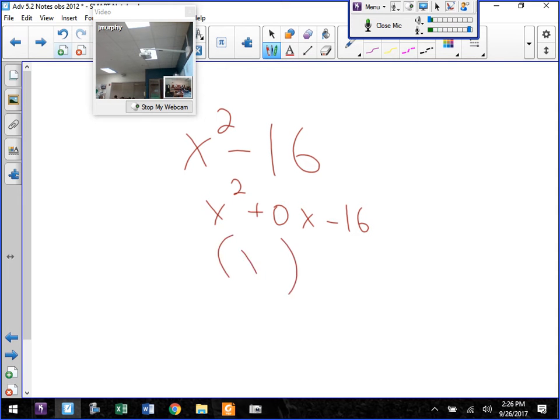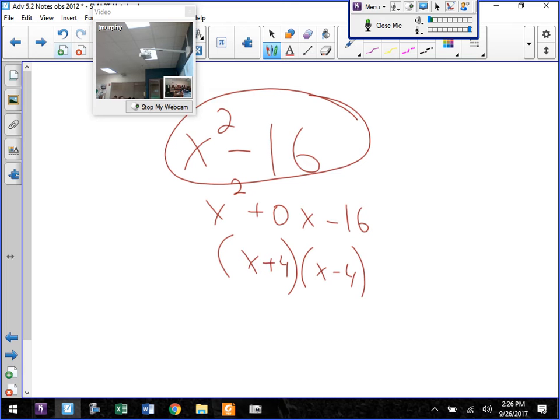So what happens here is that this is what we call a special pattern. When you see 2 terms, if the first term is a perfect square and the last term is a perfect square, remember what perfect squares mean?